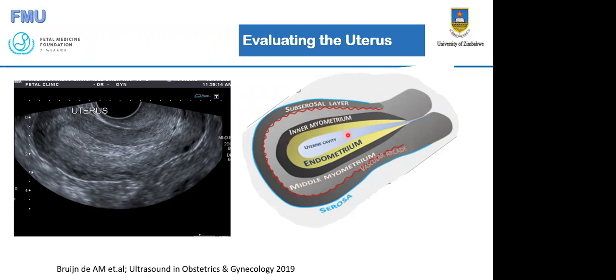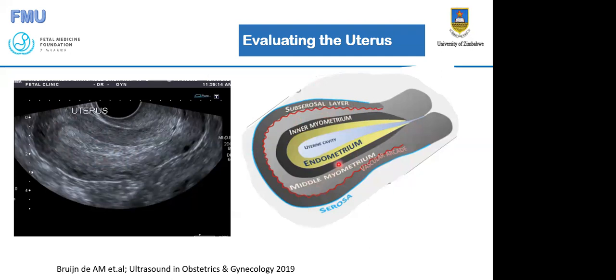So it is important to know about this inner myometrial layer. It may sometimes be very difficult to identify on ultrasound, but if you have a very good machine, you can see it as on my image here. Then of course we have the middle myometrium, the outer myometrium, and the subserosal layer.